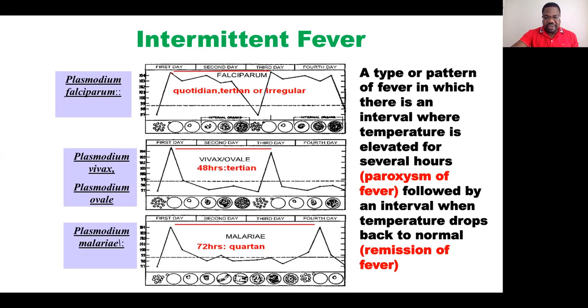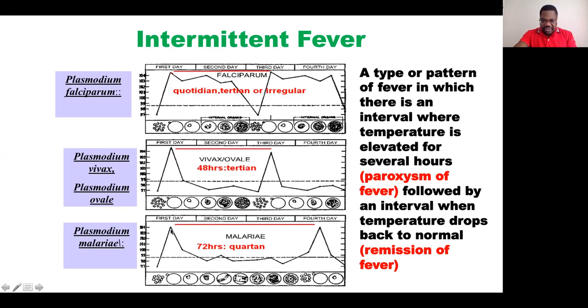So you can see here, there is an interval on the graph. You can see on day one, following the incubation period, you have an increase of the temperature. The fever will be there for a number of hours. That's what we call paroxysm of fever. So you have that sudden increase, then it will reach its peak.